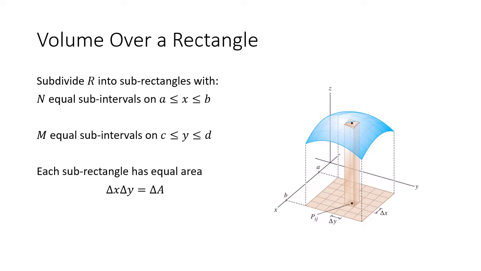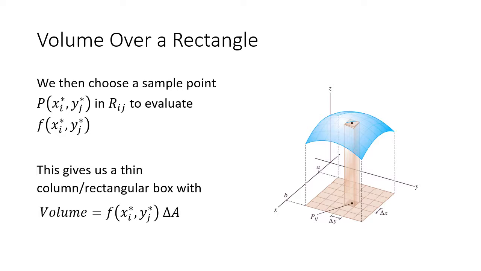But what does matter is that each one of those subrectangles that we're looking down at in that peach color is going to have an equal area in this case. And how do you find the area of a rectangle? It's the length times the width. So the area of each of these little rectangles is going to be delta x times delta y, the length times the width. And we're going to call that expression, delta x delta y, our delta A.